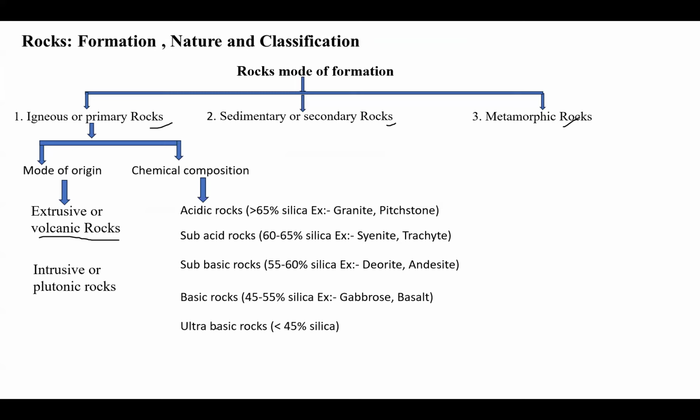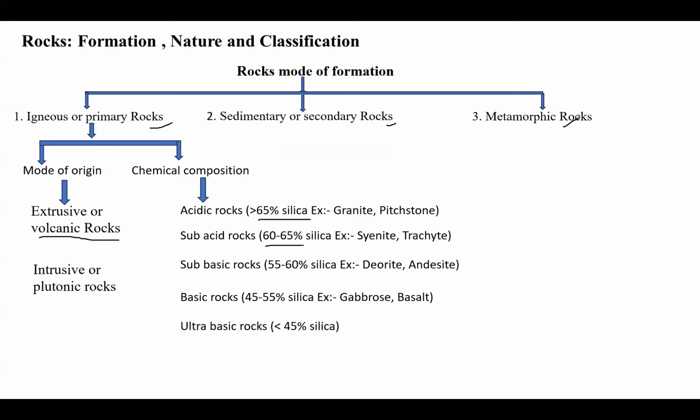So based on the chemical composition of silica, igneous rocks are classified into acid rocks, subacid rocks, subbasic rocks, basic rocks, and ultrabasic rocks. Try to make a note of this, as it will be useful for further preparation. Acid rocks have more than 65% silica.